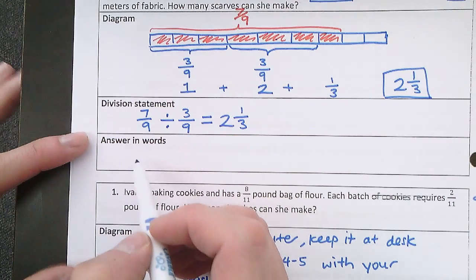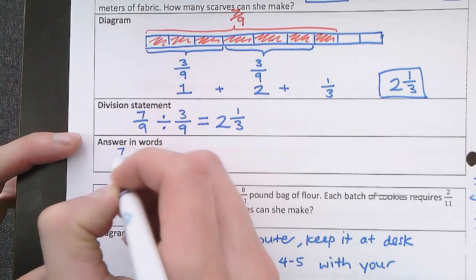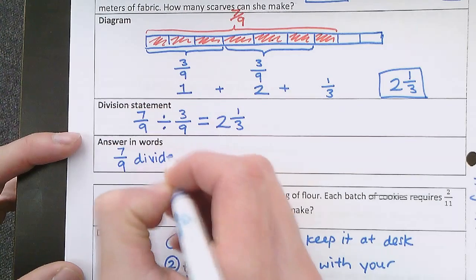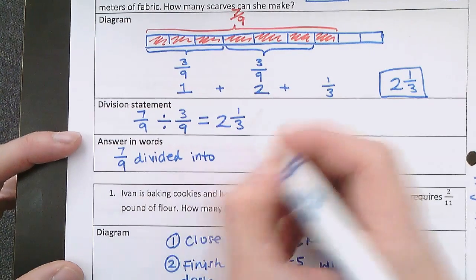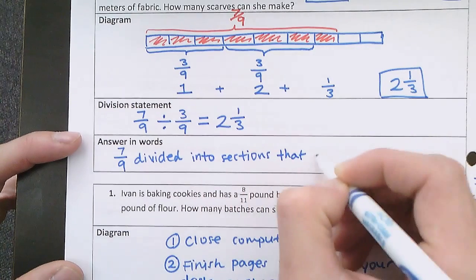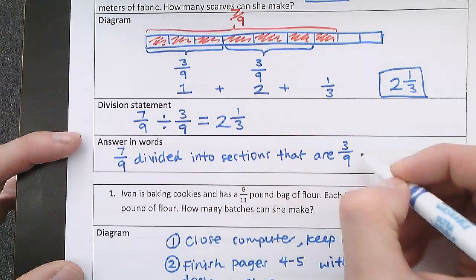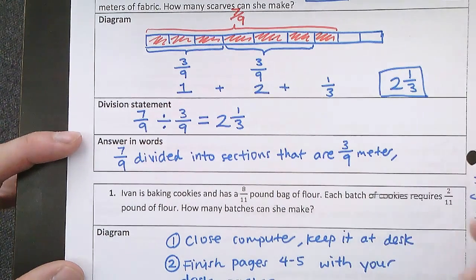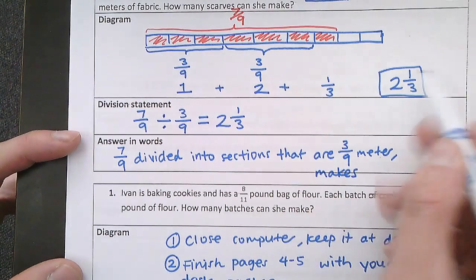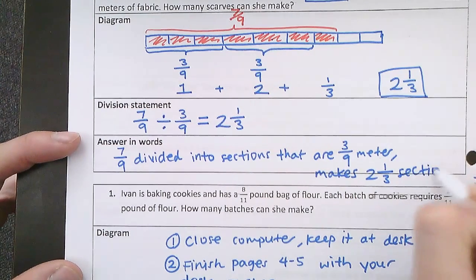Now to put my final answer in words, what that can look like is 7/9 divided into sections that are 3/9 of a meter makes how many sections? 2 1/3 sections.